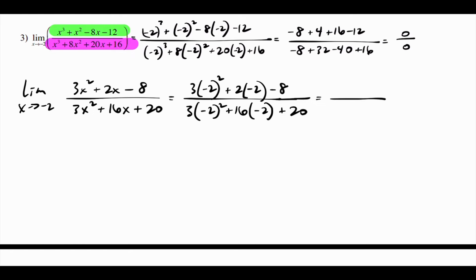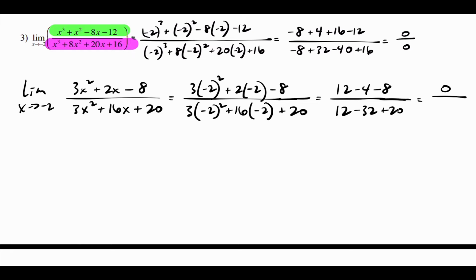Okay, so I plug in -2 everywhere I see an x. I get 12 minus 4 minus 8. And then on the bottom, I get 12 minus 32 plus 20. On top, 12 minus 4 is 8, or sorry, 8 minus 8 is 0, so I get 0 on top.